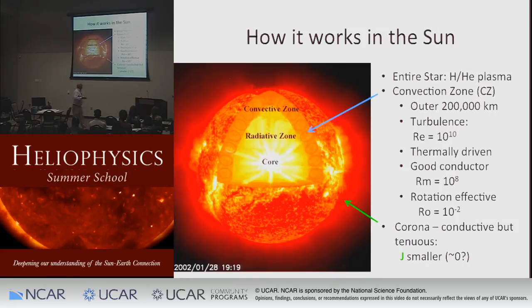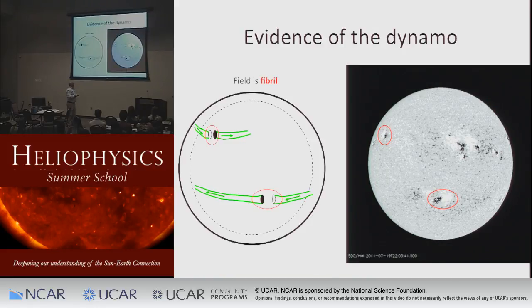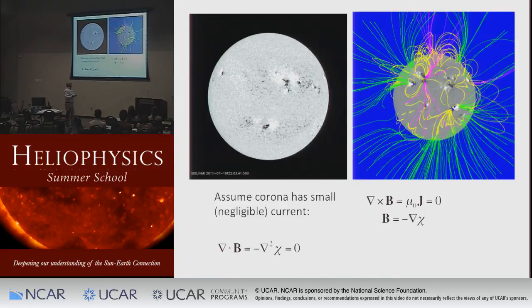Now, what is true is the deeper you go, the smaller the Rossby number, the more it's dominated by rotation. So the largest scale fields have to originate deeper down. But the stuff that originates up higher is just not going to be as organized, and it's going to look like all that salt and pepper. But I'm not sure that answers your question. I don't know the role of that interface layer in the Earth's dynamo. But that's an interesting point of speculation.